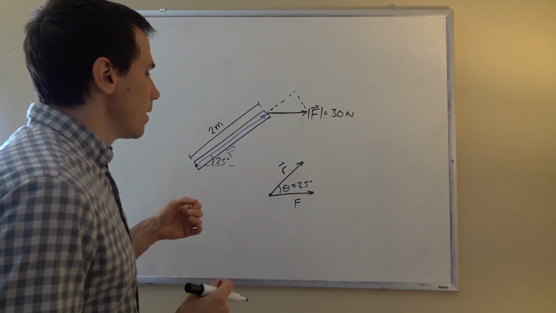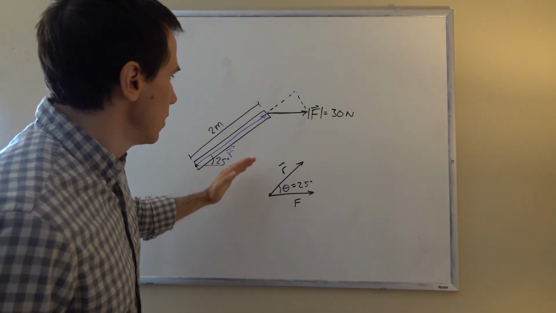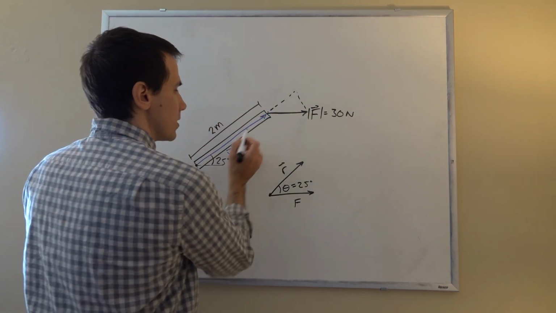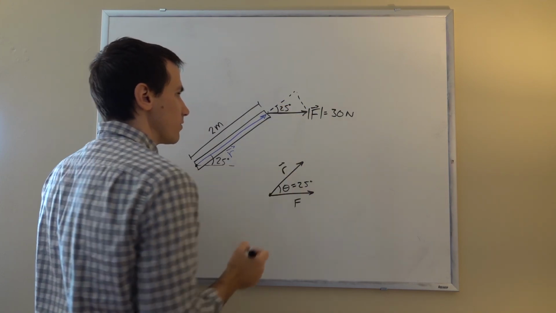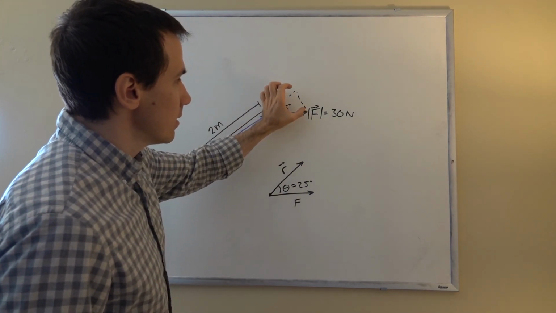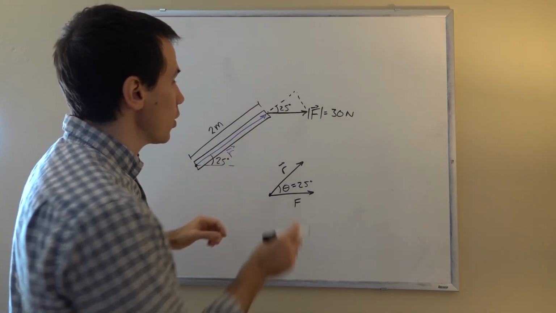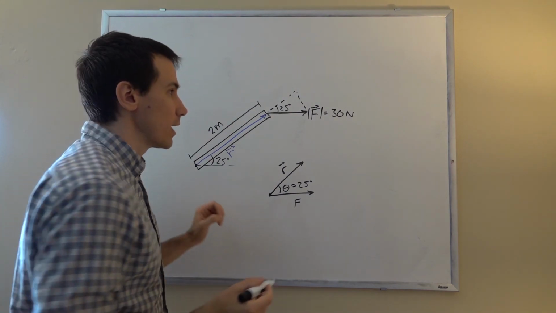Okay. So now this angle here, which is the continuation of R, must also be 25 degrees. And notice that only this part here, which is perpendicular to the R vector, actually matters, right?